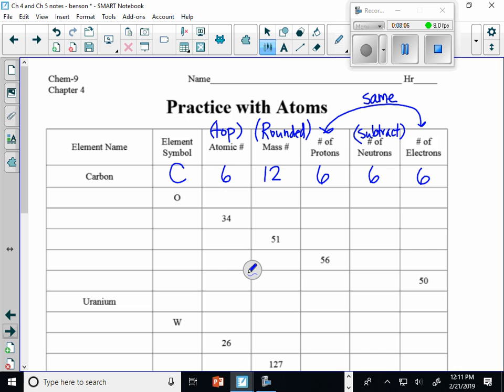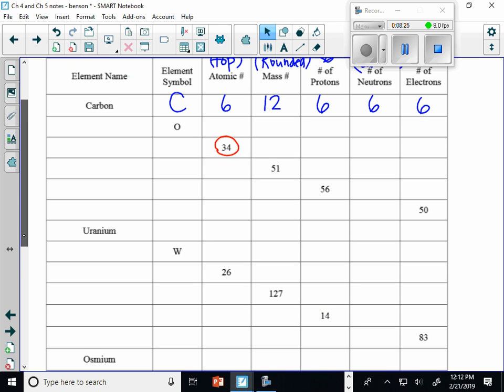Okay, so I want to just skip a couple so you can see that the protons and the neutrons don't always have to be the same. So if we go down to number 34, and I'm going to look on my periodic chart and find number 34, and you are going to see that that is selenium.